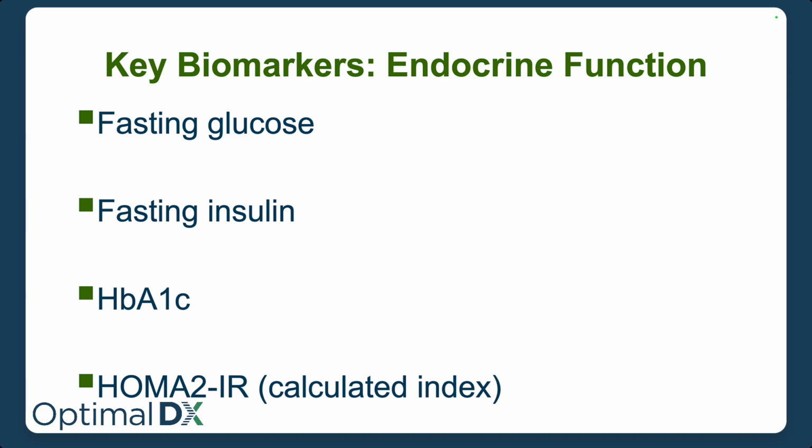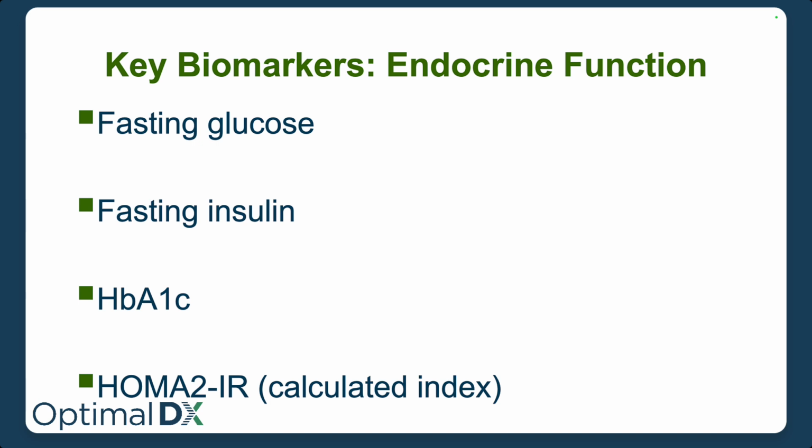These are essential and central biomarkers for the endocrine side of pancreatic function. Fasting glucose gives us a snapshot of short-term regulation, while fasting insulin tells us how hard the pancreas is working. Hemoglobin A1C reflects longer-term glucose exposure, and together these values can be used to calculate the HOMA2-IR index.